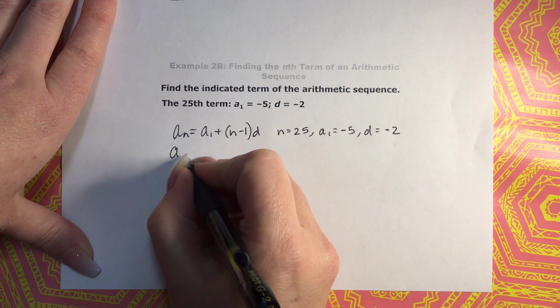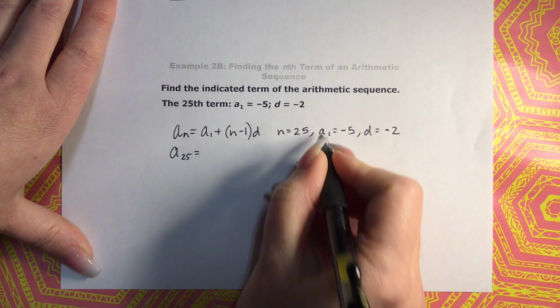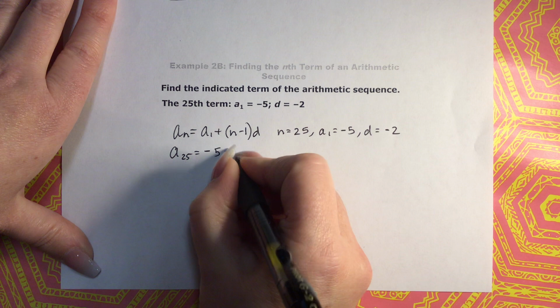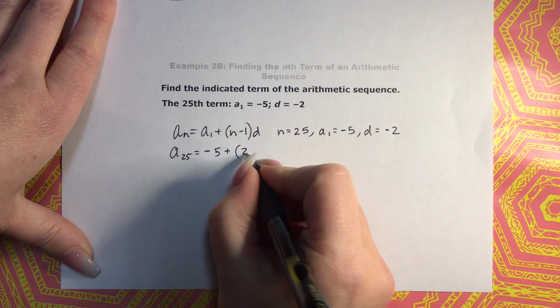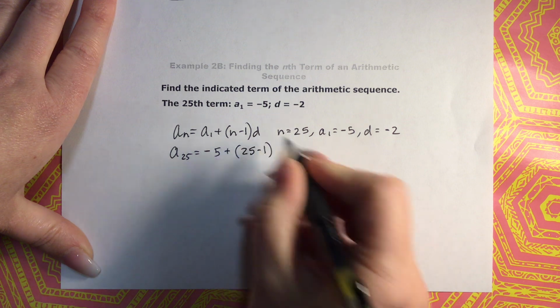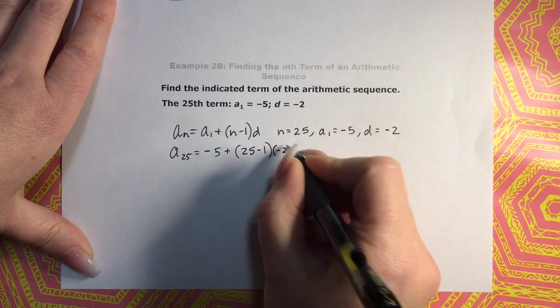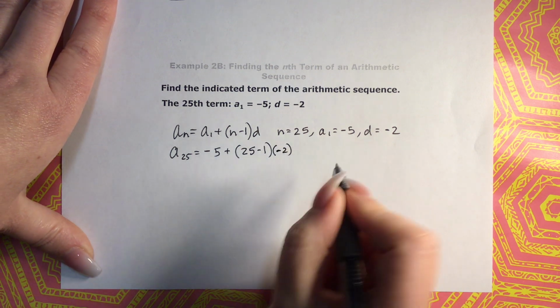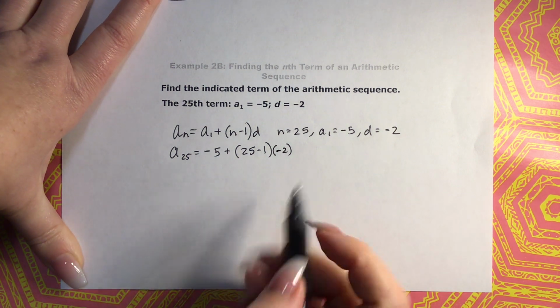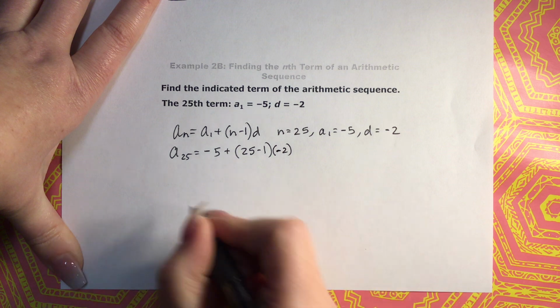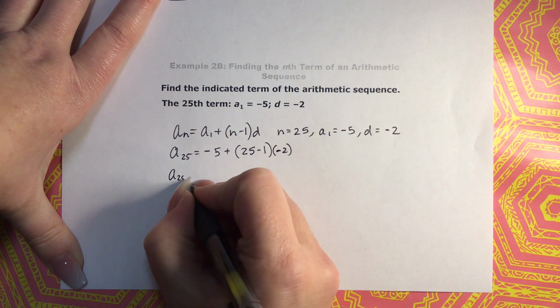So we're going to find a sub 25 equals the first term, which is -5, plus n, which is 25, minus 1 multiplied by a -2. It's a negative and it's multiplied, so you've got to put it in parentheses. Then we just do order of operations, so we need to do this little bit right here first.